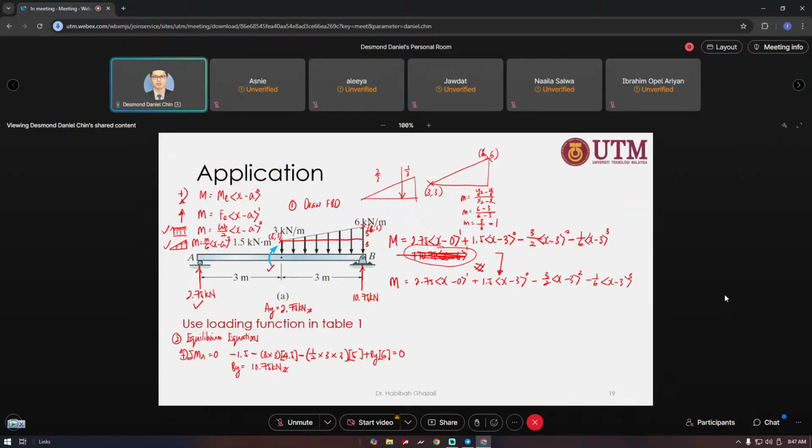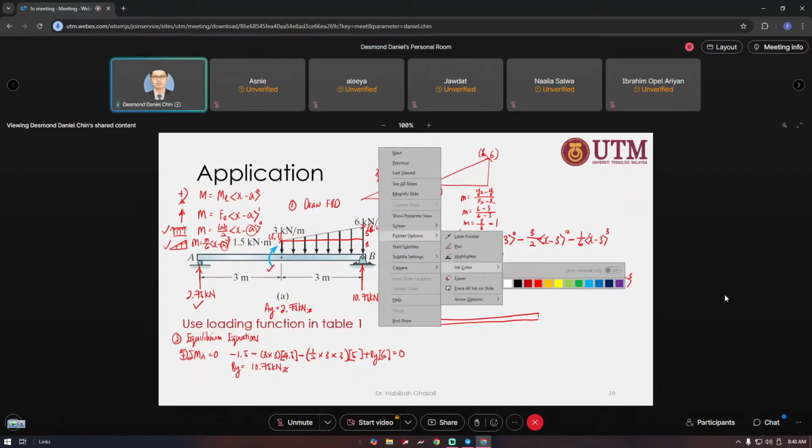So at the start of the lesson, I mentioned that for distributed loading, the A, this one, is actually the location of the starting point of the distributed loading. So let's say I have a load like this. I will use a different color.